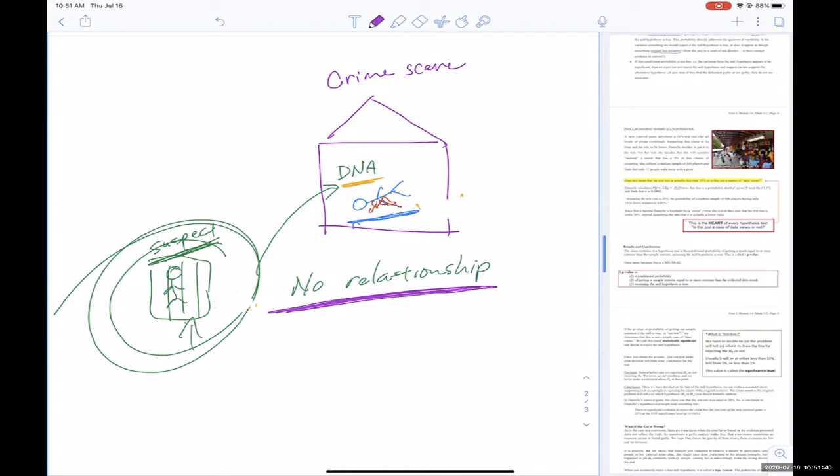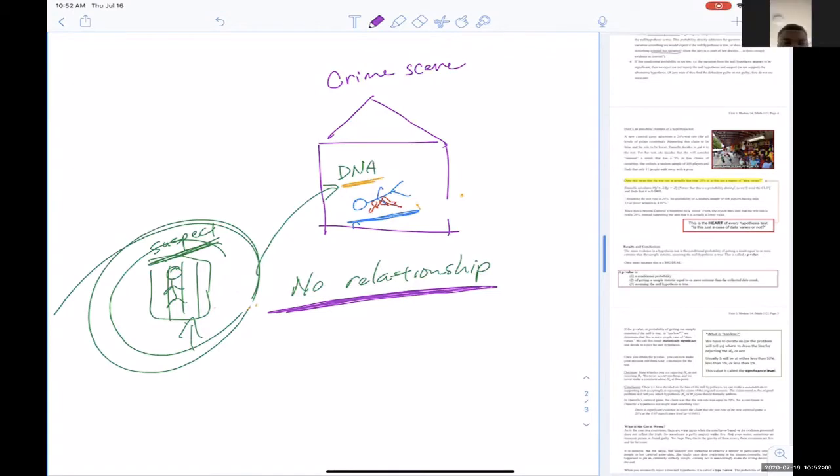He's not a friend, he's not a relative. He has never lived around this person, the murder victim. So what's the probability, Michael, if I ask you, that you will find the suspect's DNA in the crime scene?